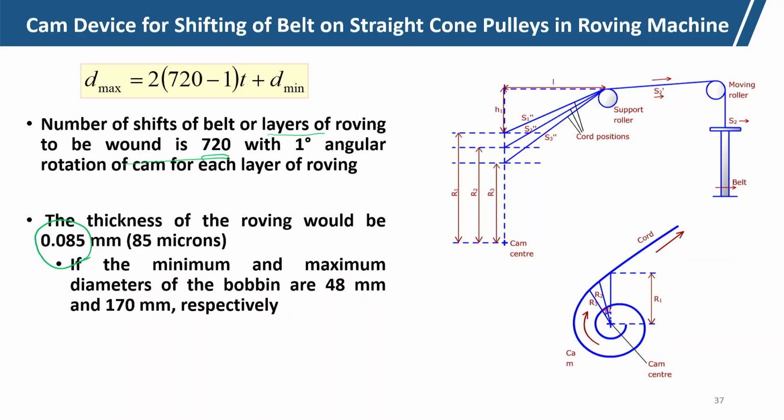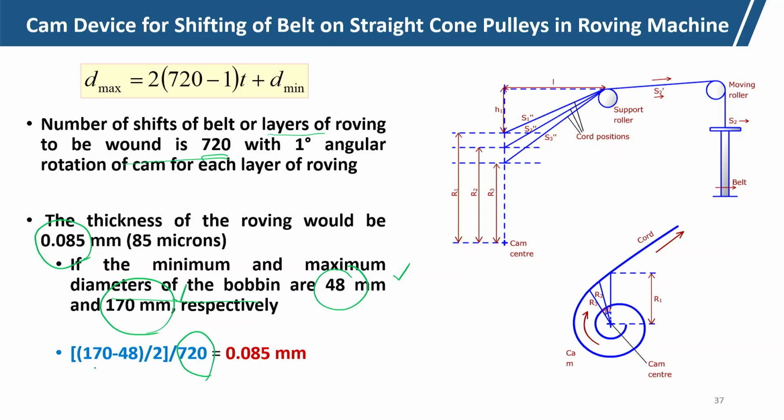There are 720 steps. If the minimum and maximum diameters of the bobbin are 48 and 170 millimeter, the minimum diameter of bobbin is 48 and maximum diameter is 170 millimeter, and there will be 720 layers.